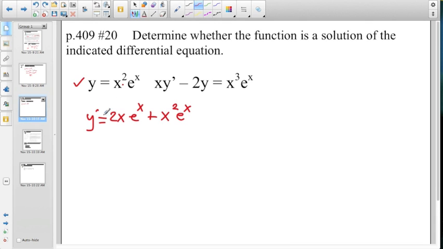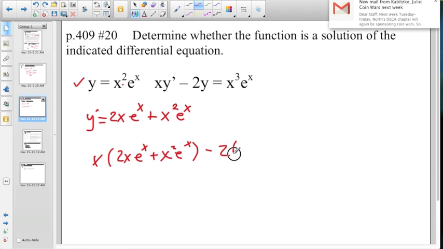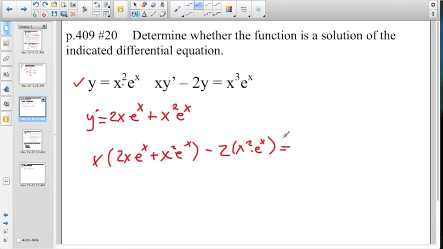There's the expression for the derivative, and when we plug that in, we have x times the derivative, which is 2x e to the x, plus x squared e to the x, minus 2 times the expression for y, which is x squared times e to the x, and we want to know if that is equal to x cubed e to the x.